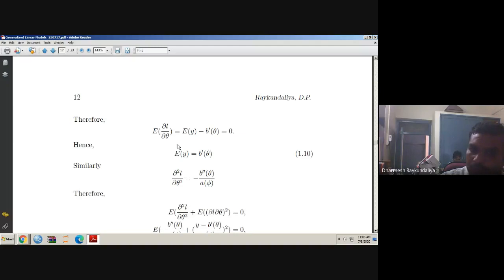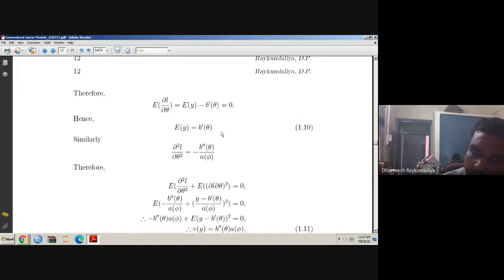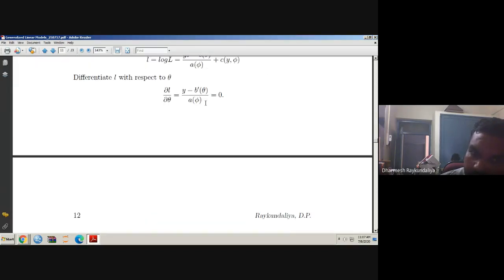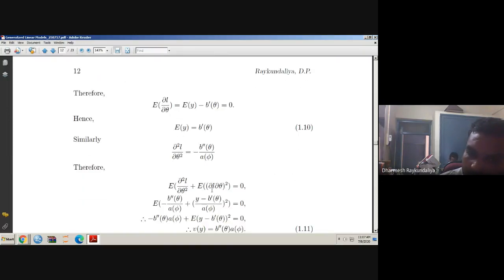So we know that the expected value of del square L by del theta square is minus b double dash theta upon a phi, plus what is the expected value of del L by del theta whole square? It is the expected value of y minus b dash theta upon a phi, squared.